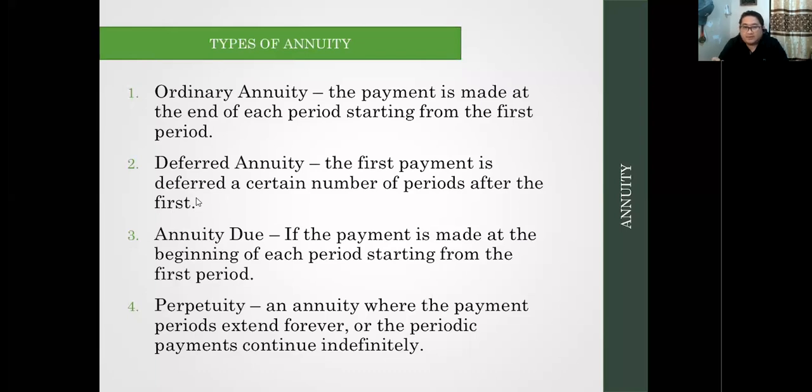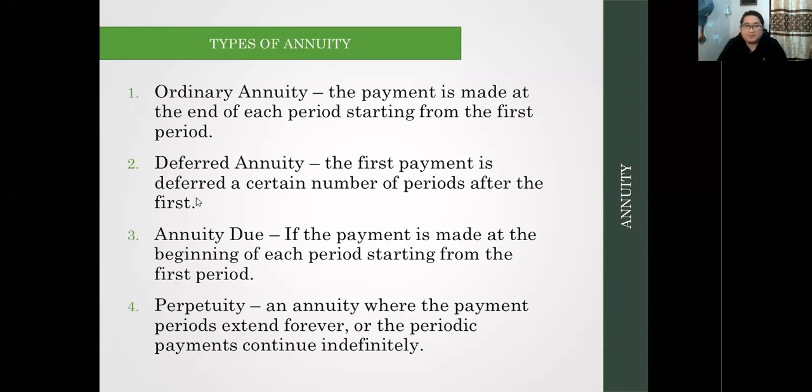So, first one, yung ordinary annuity. So, the payment is made at end of each period, starting from the first period. Okay? Ito yung basic definition ng ordinary annuity. Kay deferred annuity naman, the first payment, kaya nga sinabing deferred, is after a certain period.